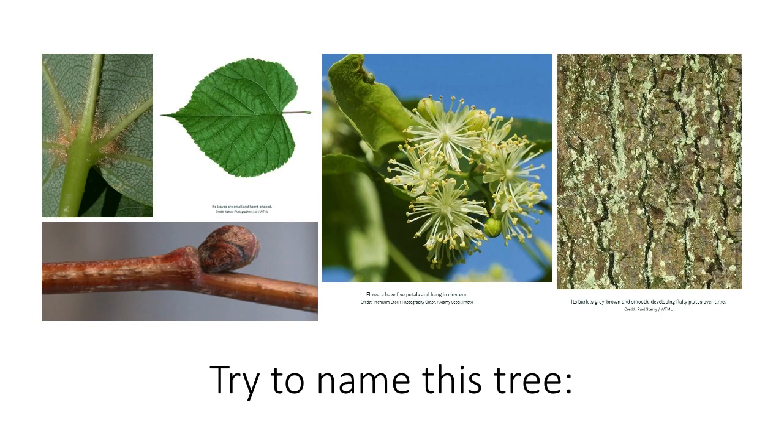We've got these small heart-shaped leaves, those copper-coloured hairs on the under part of the leaf, and then these reddish-brown twigs with the round buds and about 2 or 3 scales on the buds. So have a think to yourself what this might be. And hopefully you are able to remember that this is a small-leaved lime tree.